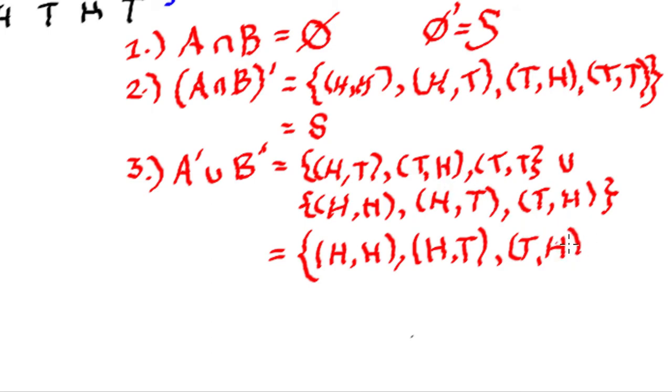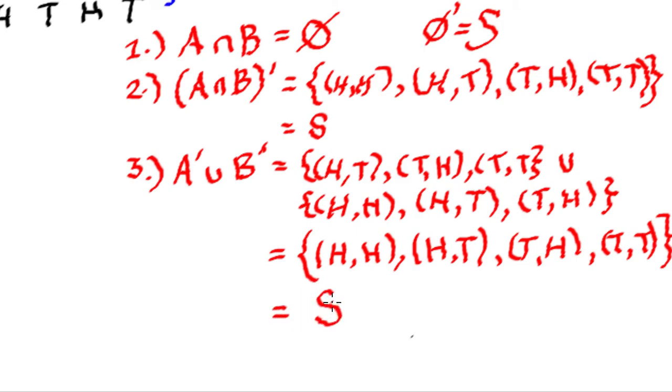And we write the TT also, which is double-tailed. Okay, so what we want to see here is that clearly this A complement union B complement is just equal to your sample space.